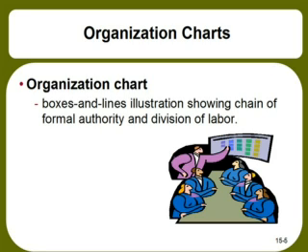Organizational charts illustrate the hierarchy of positions within the organization and formal reporting relationships. The chart also specifies whether a given position has line or staff authority and responsibility. Staff personnel are those who provide research, advice, and recommendations to line managers.